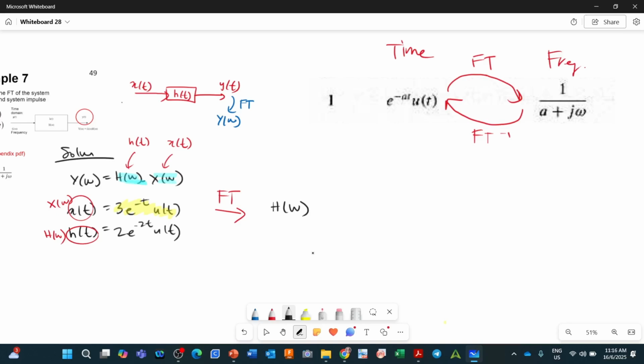So you have 3e^(-t). The equation given is e^(-t).